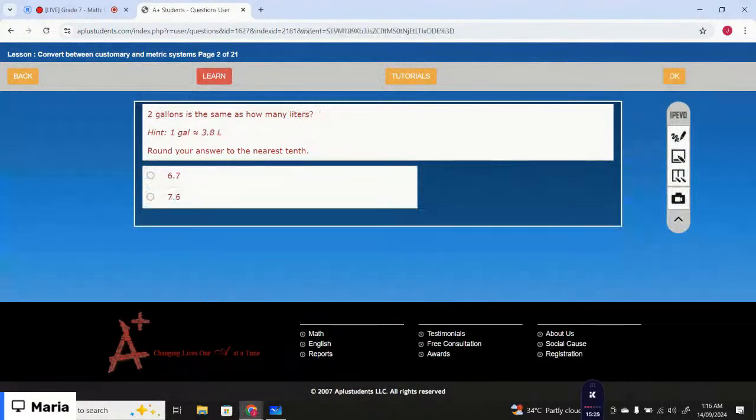2 gallons is the same as how many liters? 1 gallon equals 3.8 liters. So which is the correct option?